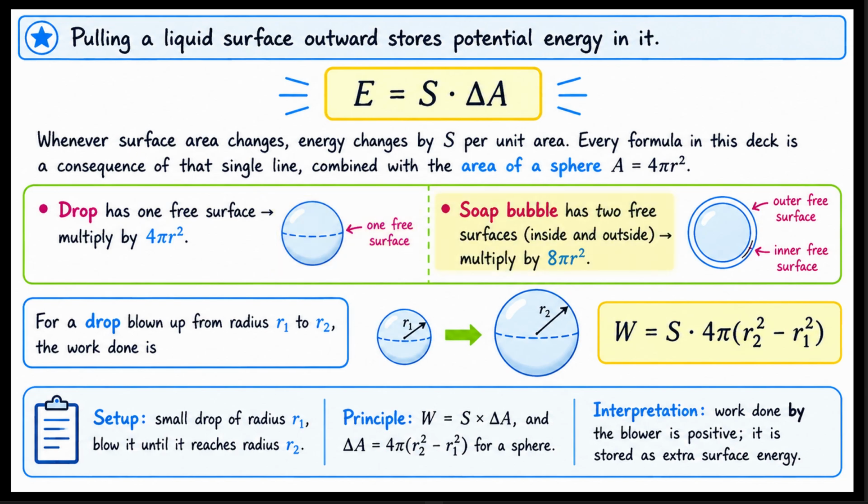In contrast, a soap bubble has 2 free surfaces, both inside and outside, so we multiply by 8 pi r squared. Now, if we blow up a drop from radius r1 to r2, the work done is S times 4 pi times the difference of r2 squared and r1 squared. If this were a soap bubble instead, the work done would double because of the 2 free surfaces. In either setup, the work done by the blower is positive and is stored as extra surface energy.